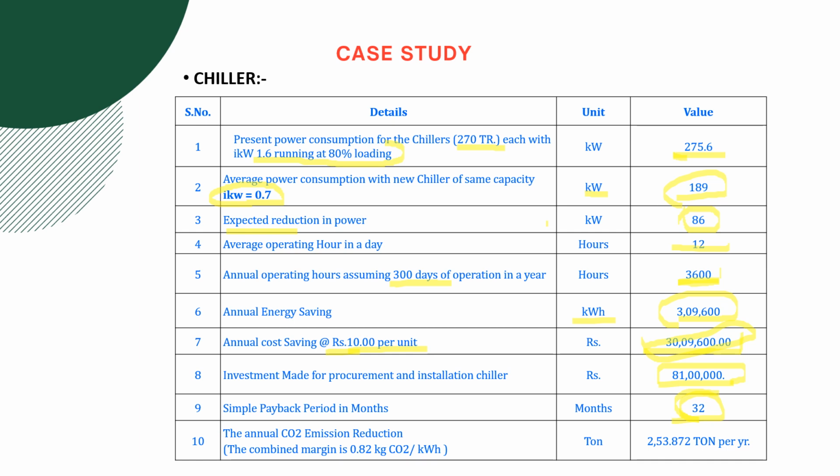Now talking about the CO2 reduction, for India we take 0.82 kg CO2 per kilowatt hour. This is the average in India, because most of the energy is generated by coal, and coal is not very good in India. The average for the world is around 0.45 to 0.5, but in India it is 0.82, so I'll calculate with that.